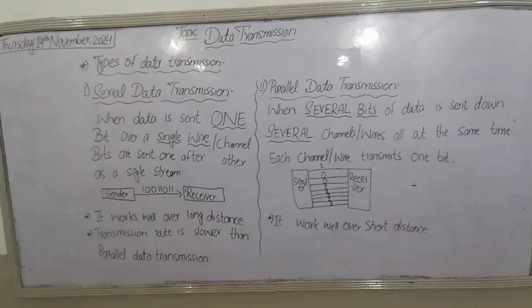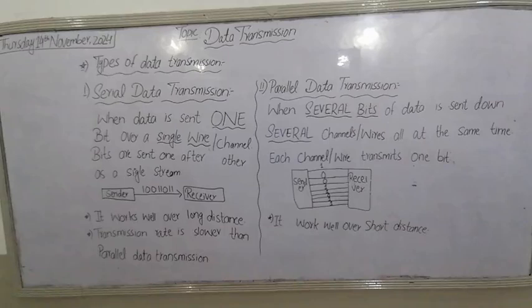And because we are using several channels and wires, each channel or wire transmits one bit at a time. As you can see in the figure, it's also given in your book, the data sent by the sender is going towards the receiver, and it's sending one bit using one wire or channel.